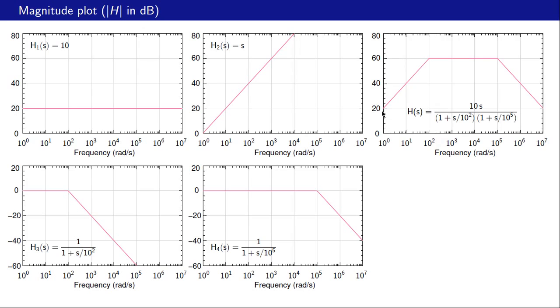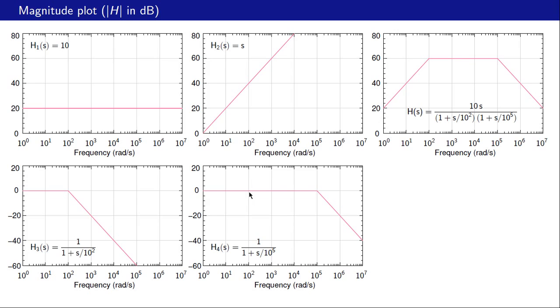Right there. Alright. What happens after this? After this, our first breakpoint is this one at 10 raised to 2. So what is the situation between these two frequencies? This is constant, slope 0. This is constant, slope 0. This has a slope of 20 dB per decade, and this is constant with slope 0.